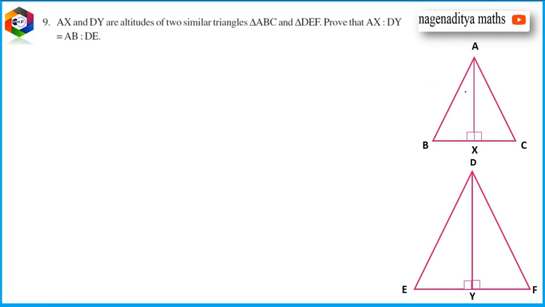So in these two triangles ABC and DEF, both are similar by the problem. We have to prove AX by DY is equal to AB by DE. These two sides belong to triangles AXB and DYE. So let us take the solution.